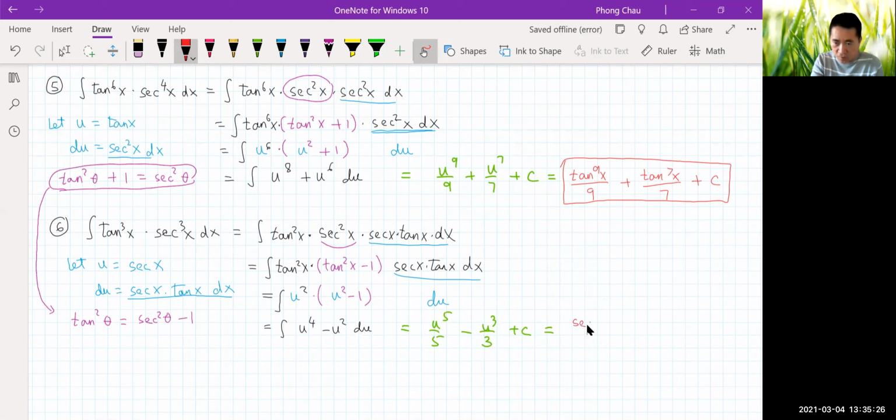So the final answer is secant to the fifth x over 5 minus secant to the third x over 3 plus c.